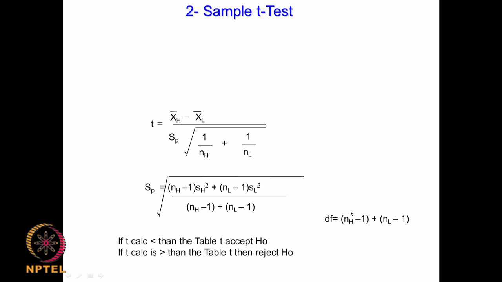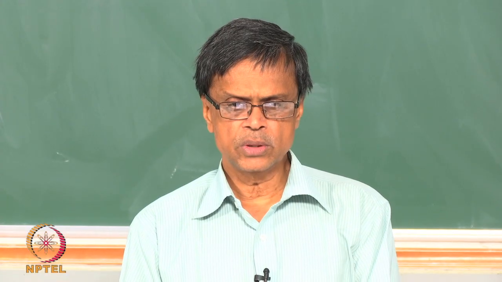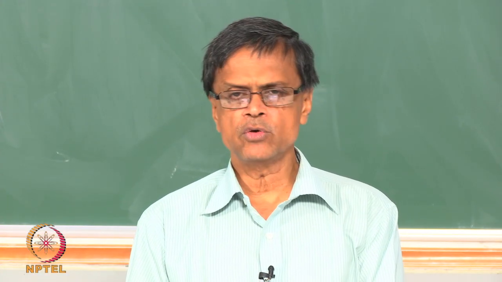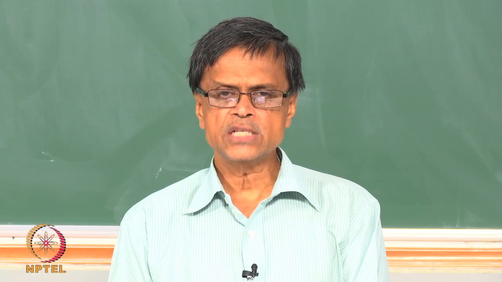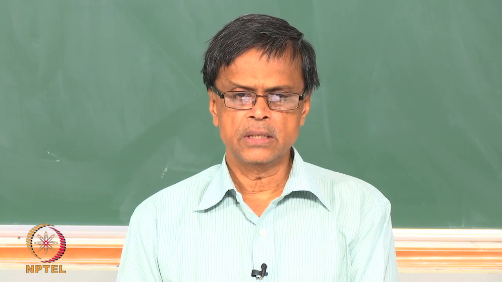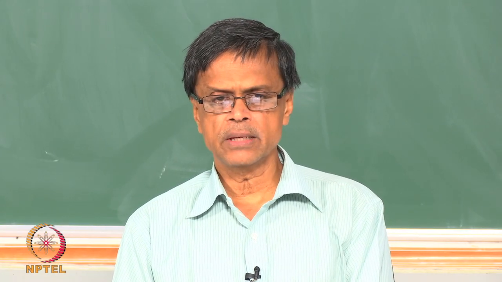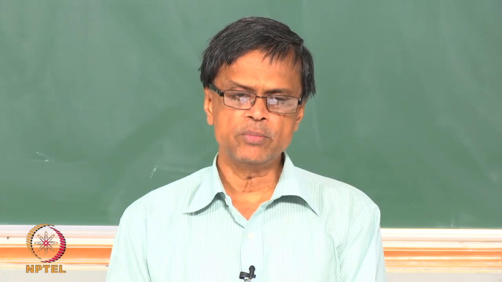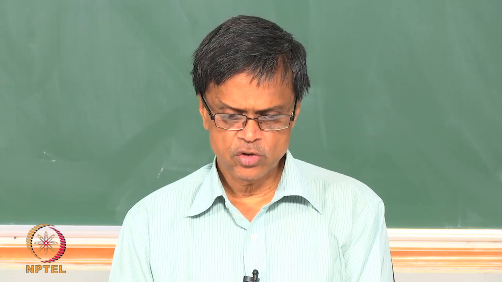Now, what is the hypothesis? The null hypothesis H naught will be mu A is equal to mu B, that is the null hypothesis. That means drug A could be the drug, and B could be your placebo. Now, the alternate hypothesis could be mu A less than mu B. So, it is a 2 sample, one tail test, because we are talking about the alternate being mu A less than mu B. So, it is a one tail or single tail, 95% confidence interval.